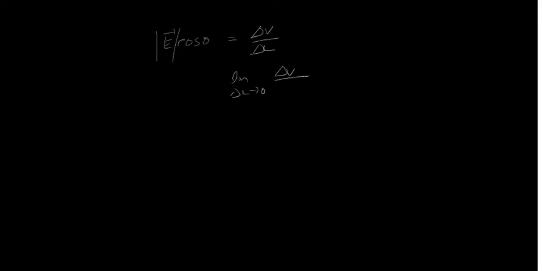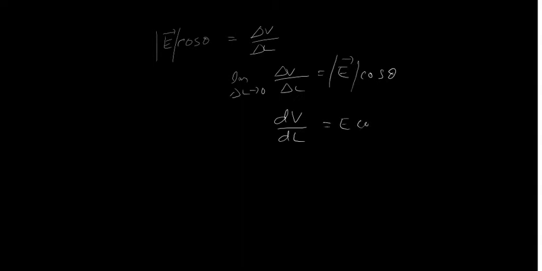Delta V divided by delta L is equal to E cos theta, and the LHS of this is nothing but dV by dl, right? The differential of V along the direction of dl is nothing but mod E cos theta.